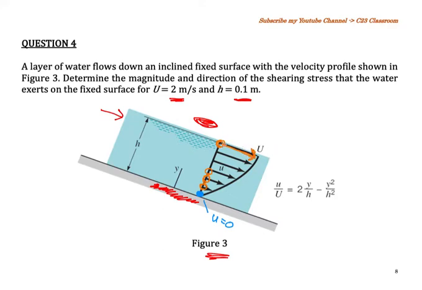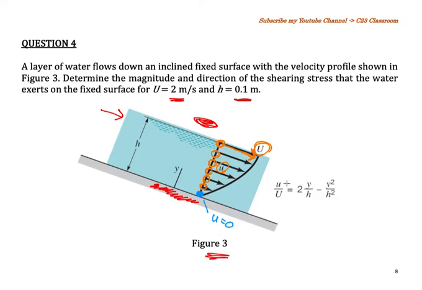We denote the maximum velocity with capital U, the maximum velocity of the flow, and the small u is the velocity of each molecule in this region.